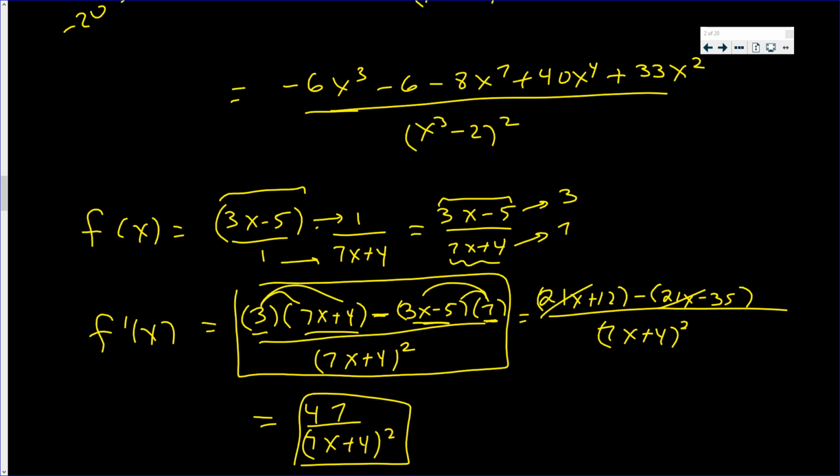Now, just to point out something, the reason we don't FOIL out the bottom is let's make believe that the top turned out to be, I don't know, 3 times 7x plus 4. And then when you divide it by (7x plus 4) squared, you can see the 7x plus 4 canceling. I cancel out 1 from the top, leaving just the 3.